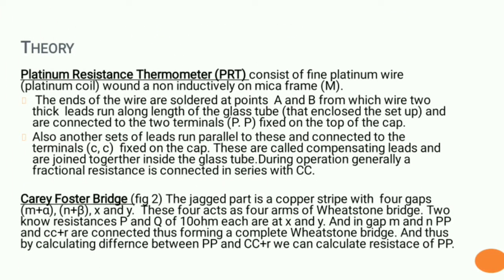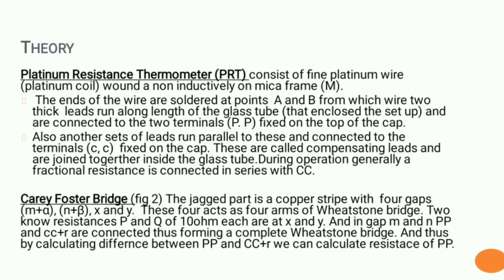So the theory. Platinum resistance thermometer, PRT. It consists of fine platinum wire, a platinum coil, wound non-inductively on a mica frame. The ends of the wire are soldered at points A and B, from which two thick leads run along the length of the glass tube that encloses the setup and are connected to the two terminals PP fixed on the top of the cap.